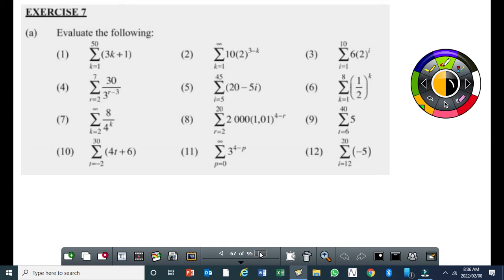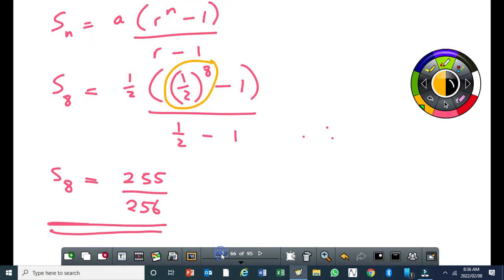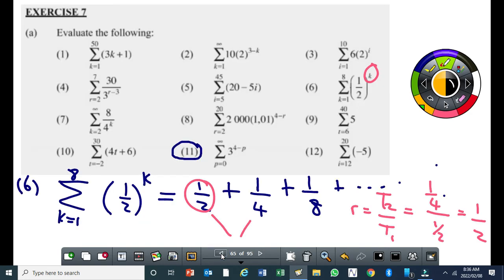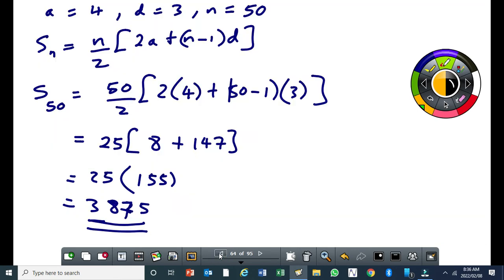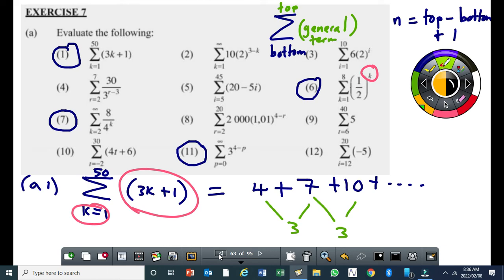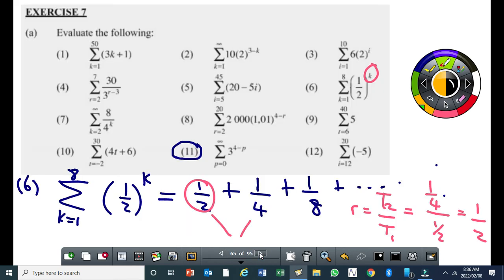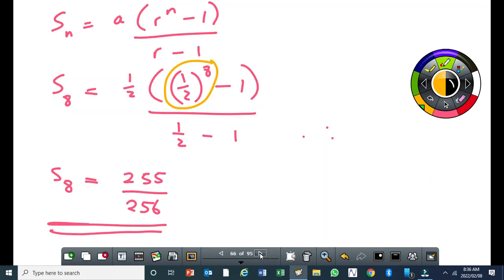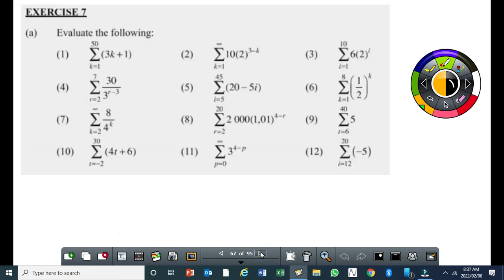Alright? Now, you also have to be a guru of your calculator, by the way. Remember, you need to be a guru of your own calculator. Number 7. Right?